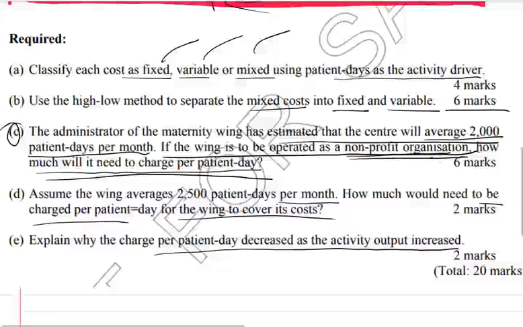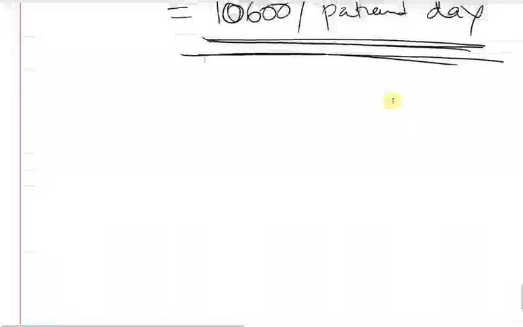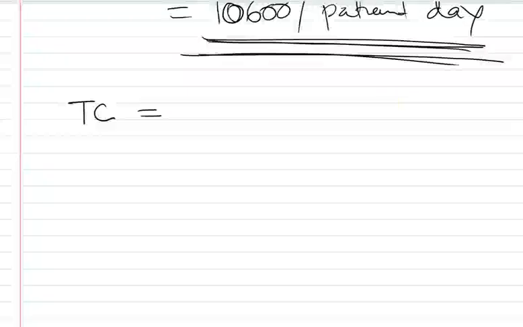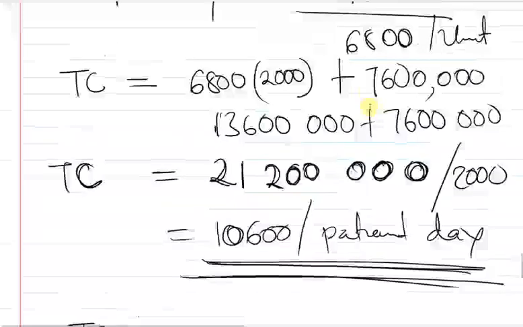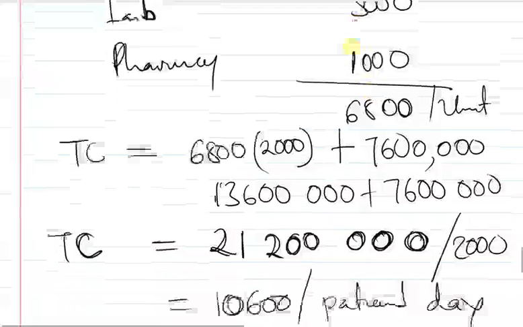So this is what they will have to charge. The question in D is asking, assuming the wing averages 2,500 patient days per month, how much would it need to charge per patient day for the wing to cover its cost? So for us to find the total cost, we have found that the variable cost was 6,800.